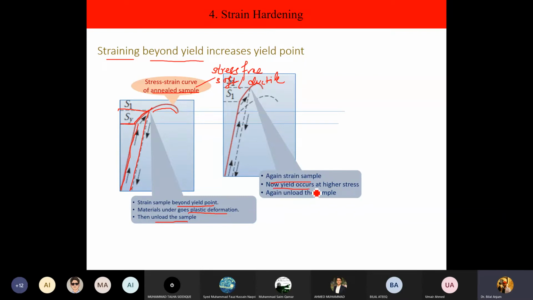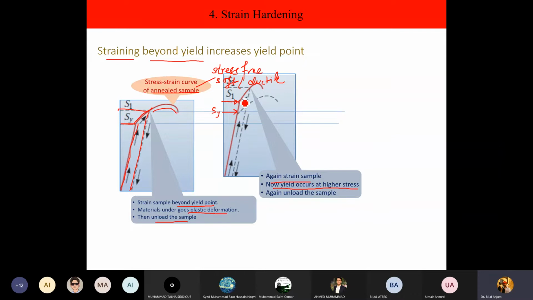Now you would notice that the yield occurs at a higher stress. So if the yield was occurring at, let's say, this point initially, now the yield is occurring at a different location, at a higher stress.